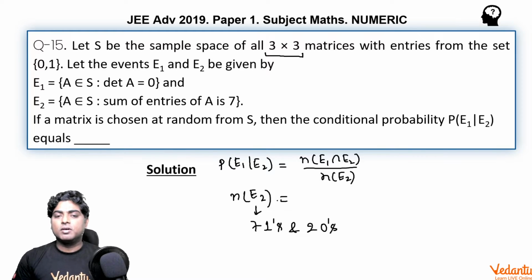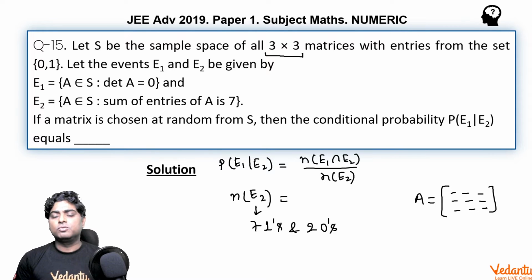So the number of favorable cases for E2 is the number of such matrices in S, the sum of whose all 9 entries is 7. For that we need to check carefully the positions where we can place. There are total 9 positions in A. So we need to find 7 positions out of these 9 positions to keep these 7 ones.